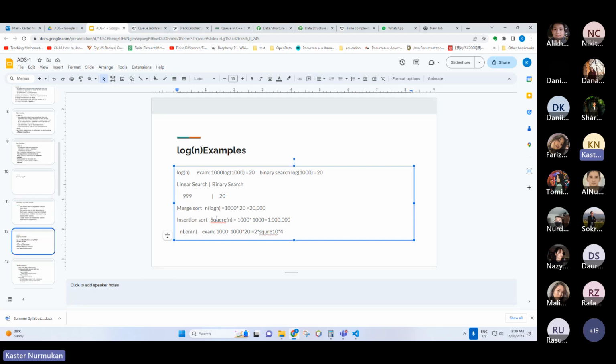For example, what is a log n? Let's say compared with linear search.